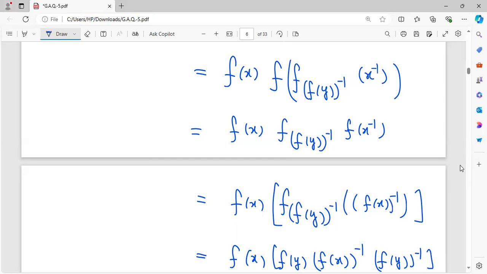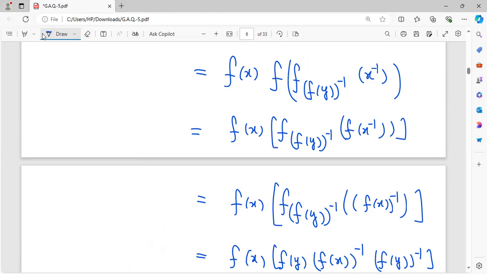So you do not have to take it outside; you can still keep it inside, no problem, because it commutes. If it commutes, I can write like that.